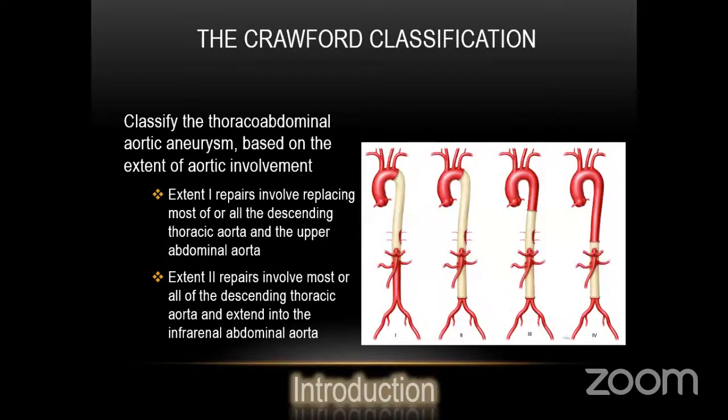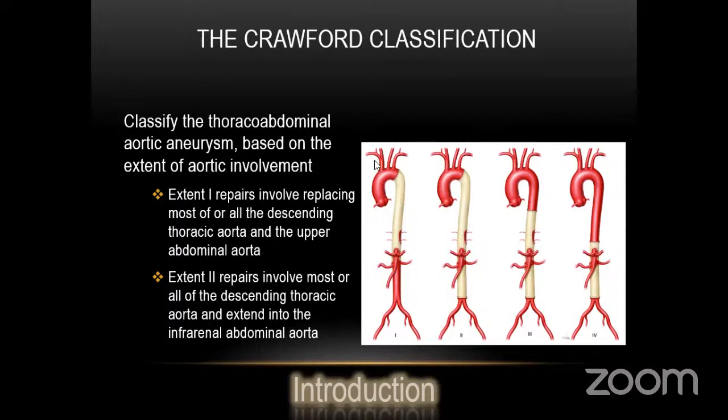To understand the extension of the surgical repair, we will go through the Crawford classification, which classifies the thoracoabdominal aortic aneurysm based on the extent of aortic involvement.